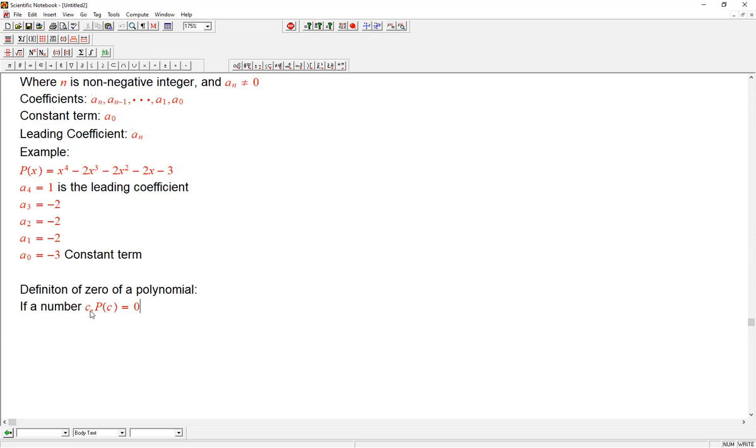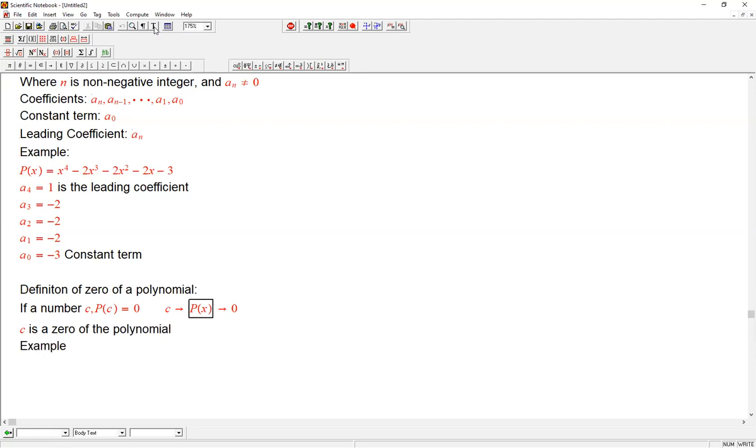So C as an input will cause the output of the function to equal 0. C as the input to the polynomial, and the output is 0. When this happens, C is called a zero of the polynomial.